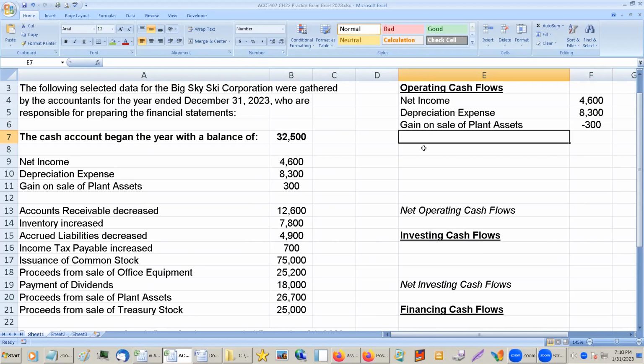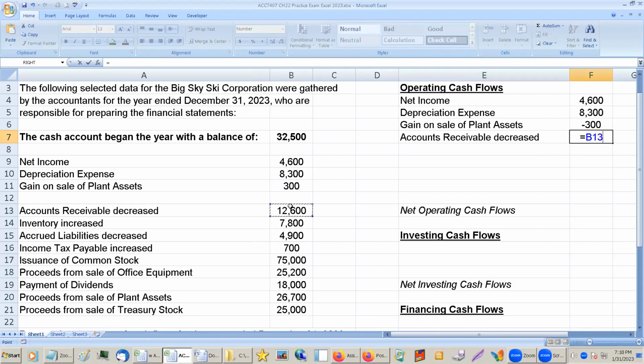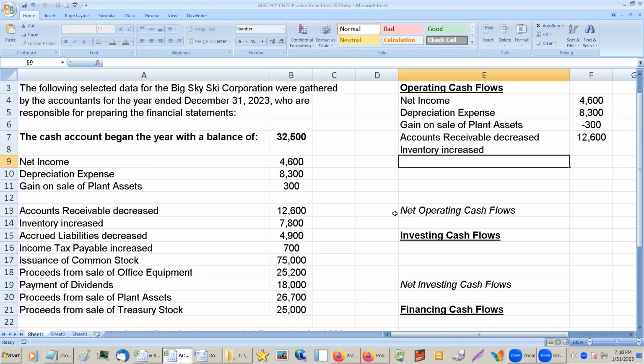Okay, accounts receivable decreased. So what happened to our cash? Went up. Inventory increased. Negative. Yep. Accrued liabilities decreased.